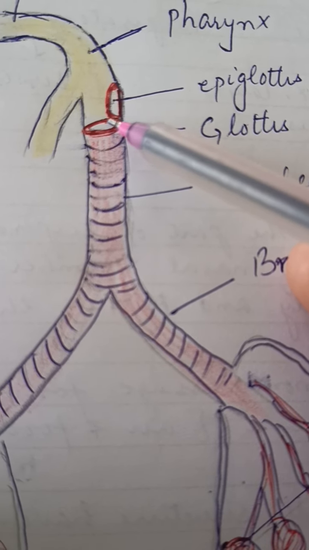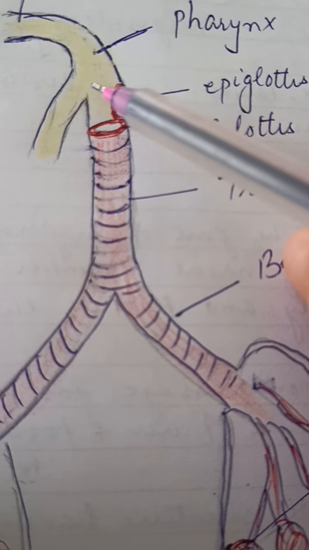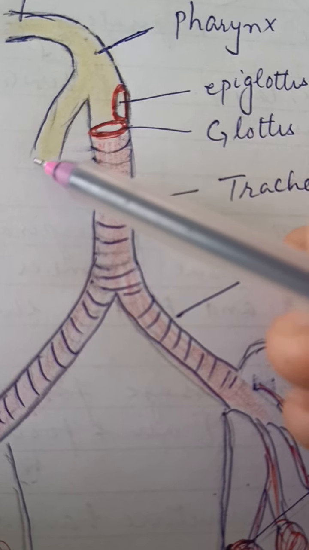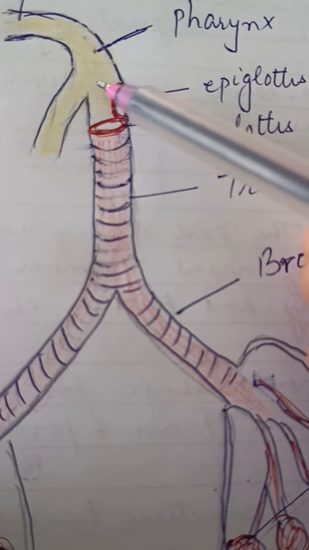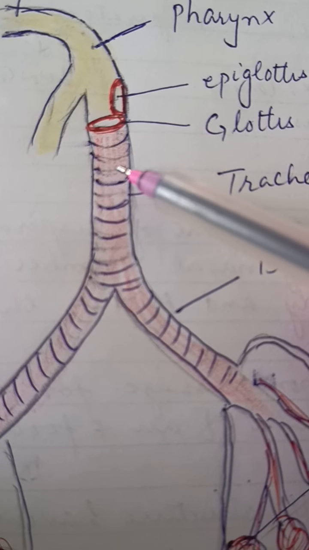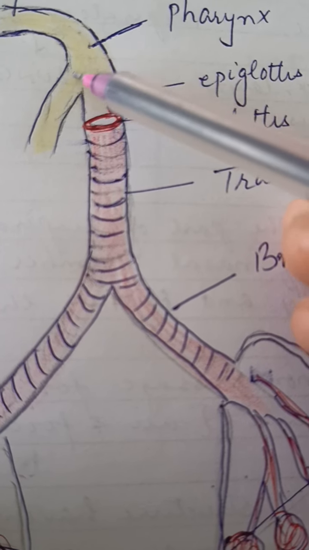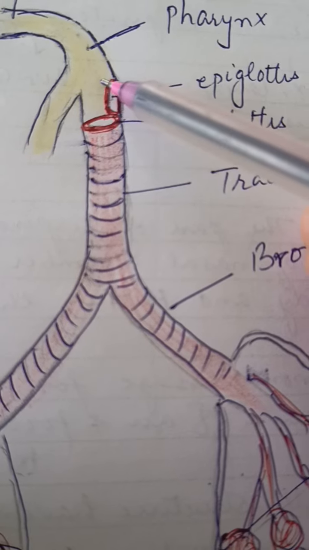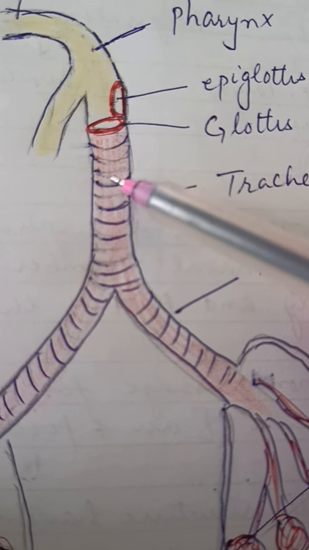And why it happens, ये क्यों होता है? So that the food enters the digestive system and food may not enter the respiratory system. ताकि जो food है वो सीधा digestive system में जाए, वो respiratory system में enter ना हो.